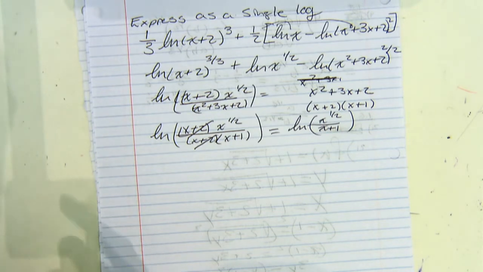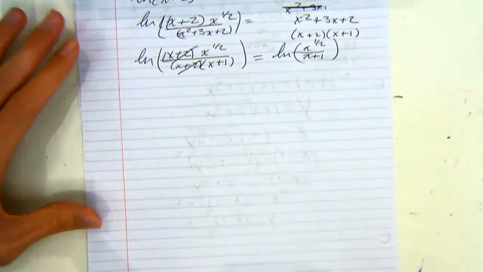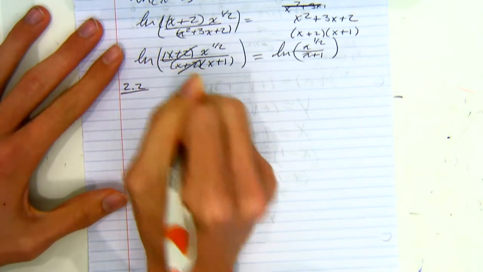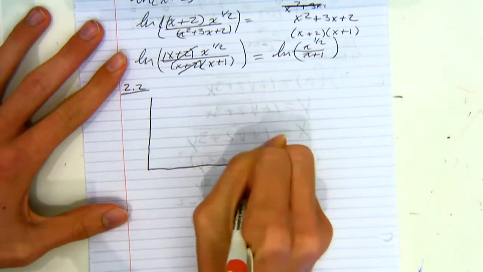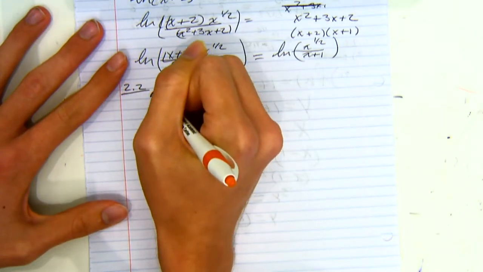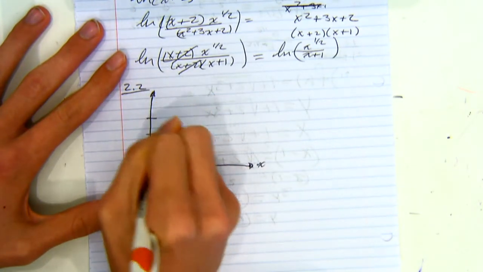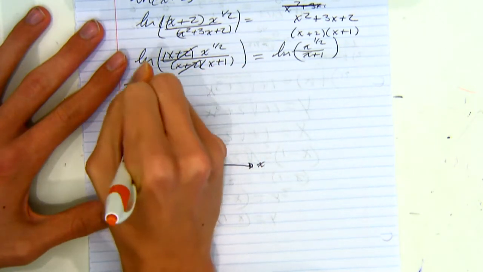All right, so this question involves a graph, so I'm going to have to draw this out. It's in 2.2.